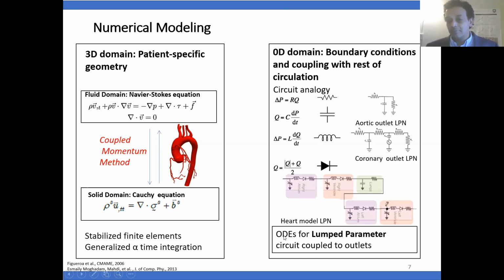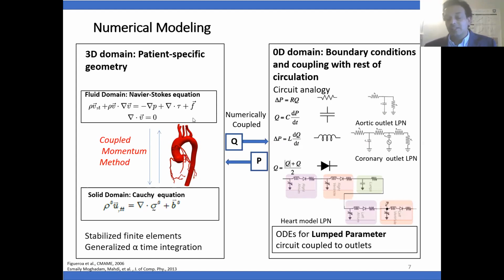But the mathematical detail is, these are circuit elements, so they do end up being ordinary differential equations for this part of the circulation. We call them 0D models, and of course the full model is called a 3D domain. And my PhD lab came up with this amazing coupling scheme where you have information being passed between the 3D domain and the 0D domain. Of course, we have some mathematical treatment on what's the best way to set this problem up so that it's computationally tractable, as well as you have convergence in your simulations.